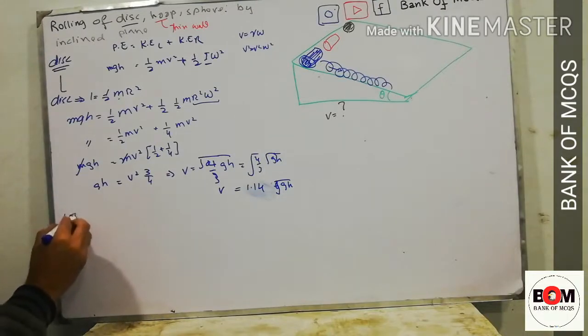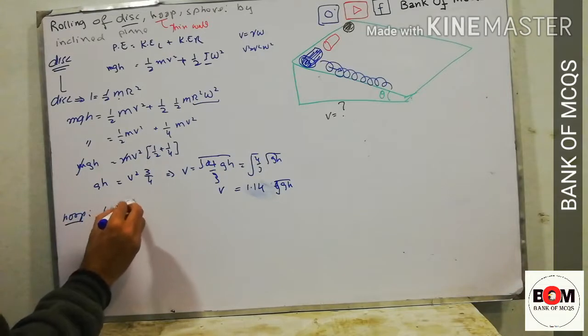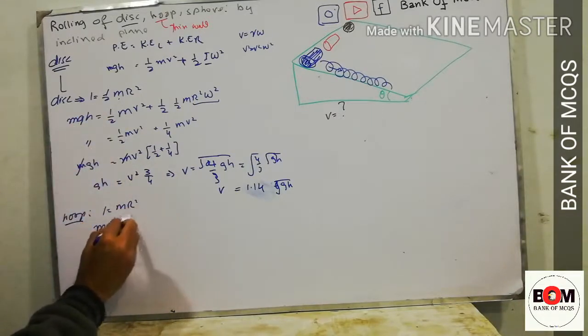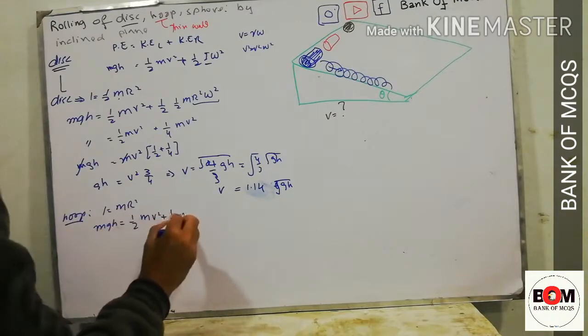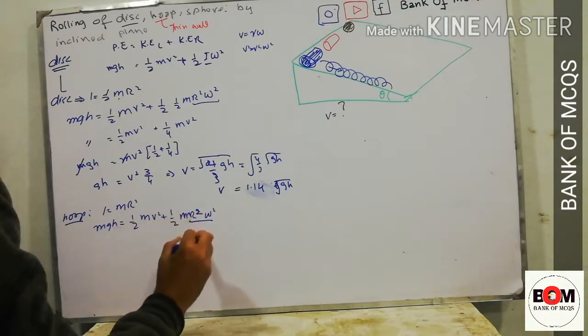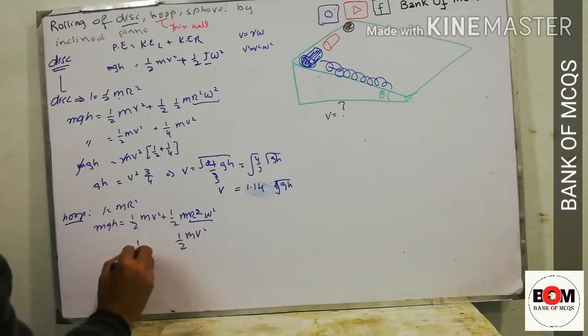For the hoop, we know that I is equal to mr square. So the equation becomes mgh is equal to half mv square plus half I, which is mr square, into omega square. r square omega square is equal to v square. So we will get half mv square plus half mv square.